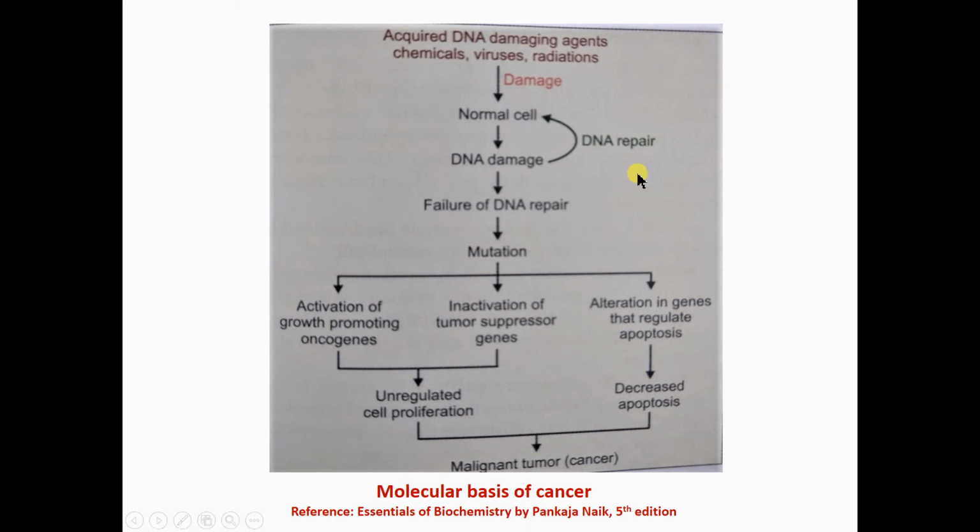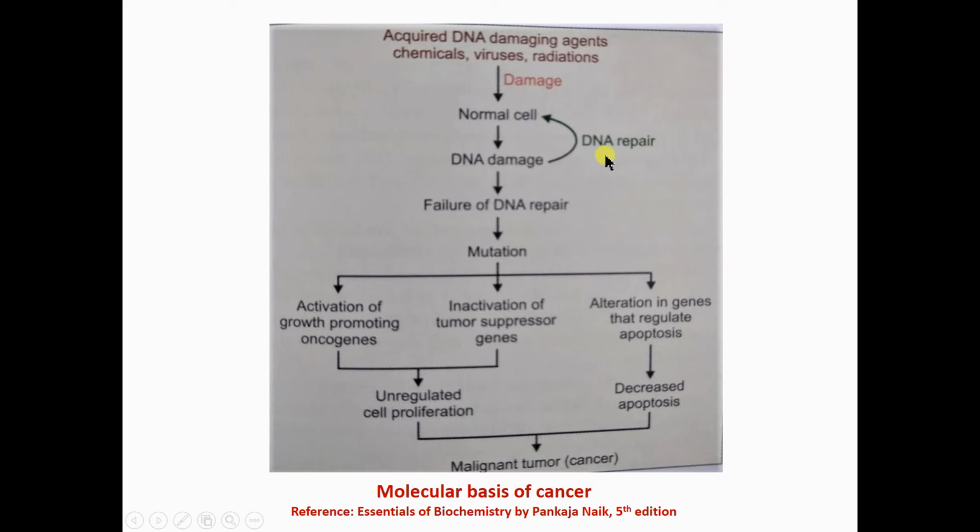This is the chart of the molecular basis of cancer, which I have taken from the Pankaj Naik biochemistry book. If there are acquired DNA damaging agents like chemicals, viruses and radiation, which are known as carcinogens, and they damage the normal cell and lead to DNA damage, any type of genetic material, then the DNA repair system comes into action, and it should repair that DNA damage in the normal cell.